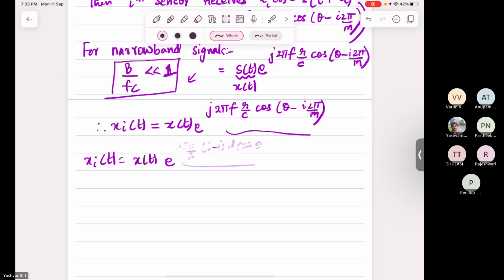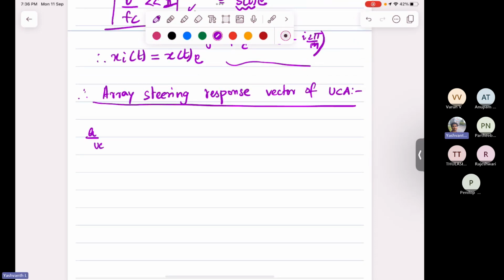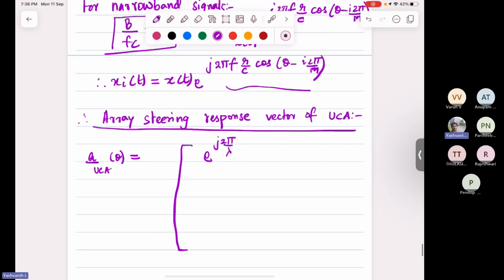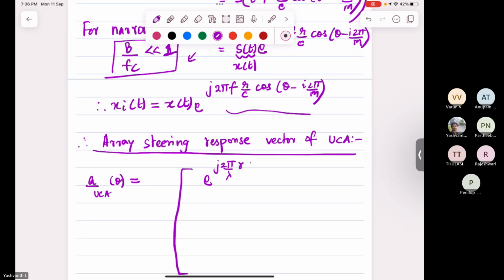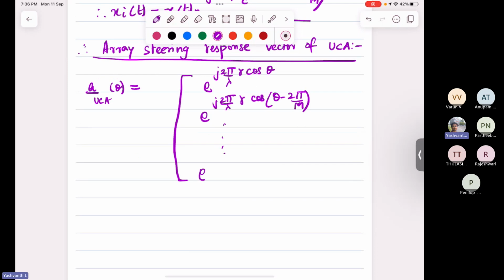Therefore, the array steering response vector of UCA, A_UCA of theta, is equal to e power j2 pi by lambda r cos theta, e power j2 pi by lambda r cos of theta minus 2 pi by m, and so on to e power j2 pi by lambda r cos of theta minus (m minus 1) 2 pi by m.